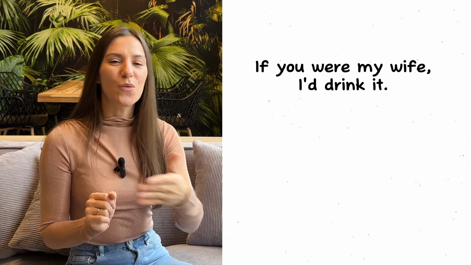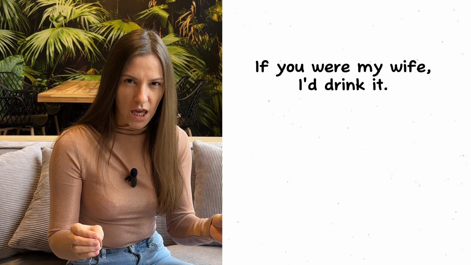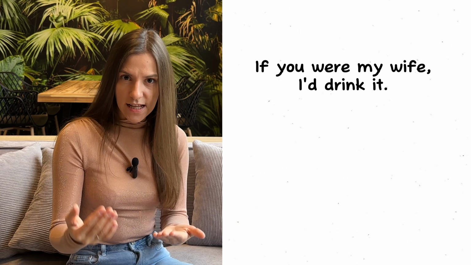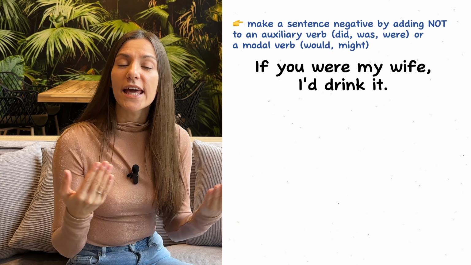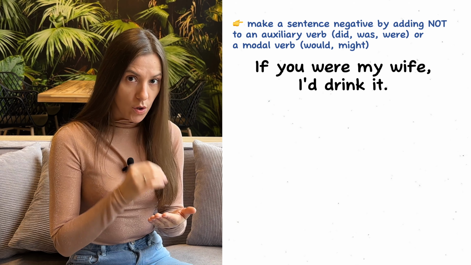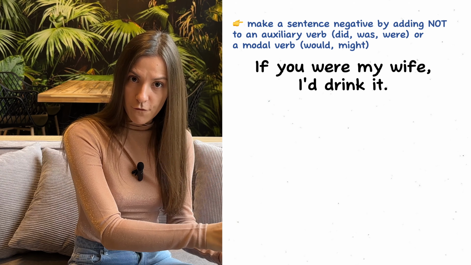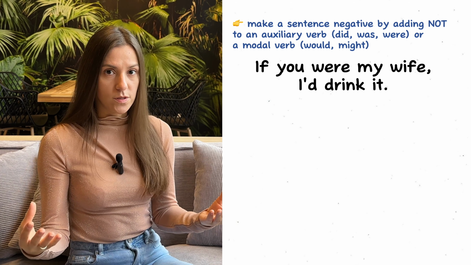Now, let's come back to our first examples. If you were my wife, I'd drink it. If we want to make a sentence negative, we would normally add a particle not to an auxiliary verb in an if clause.